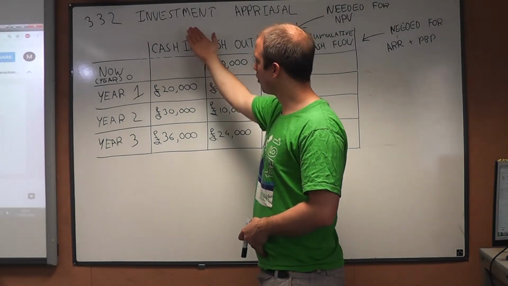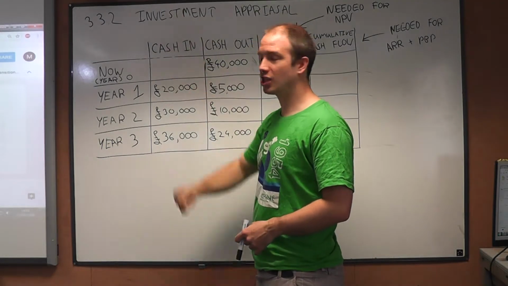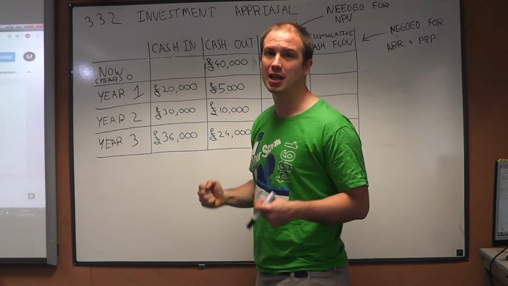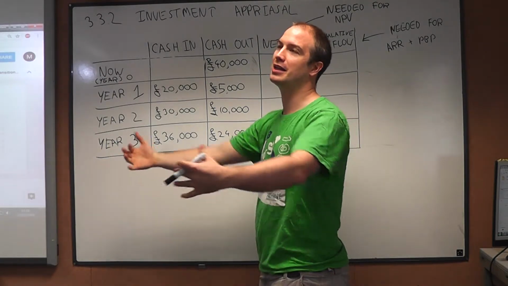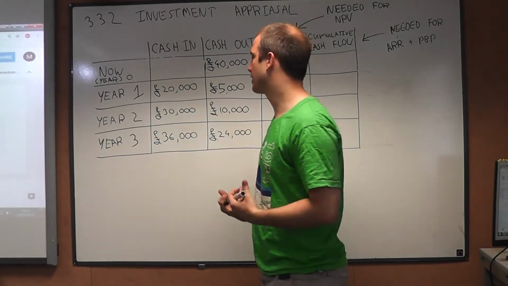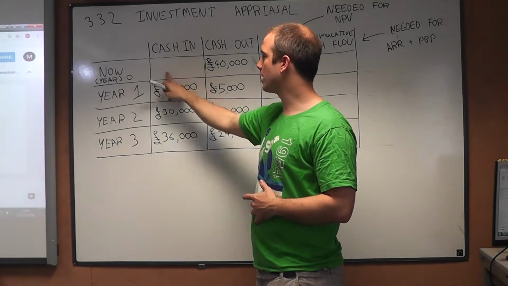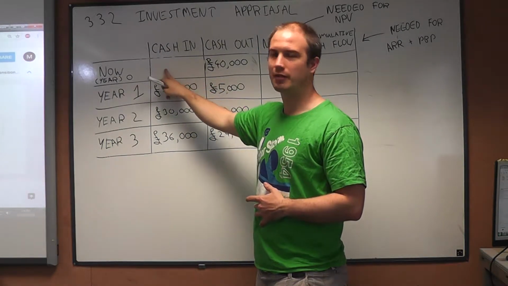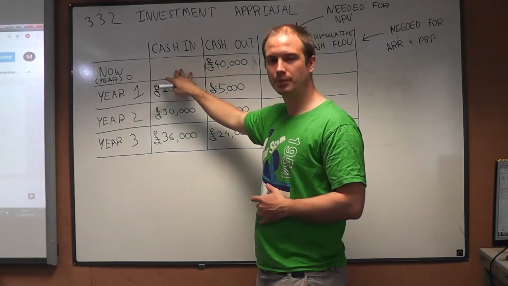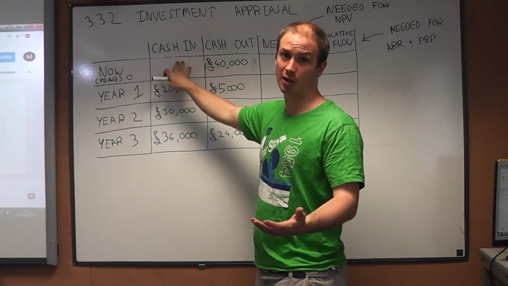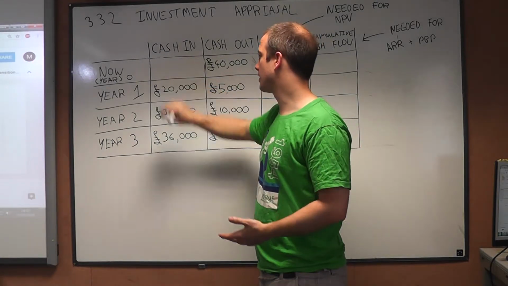In terms of the next column, we have cash in, which is all of the money that this investment is generating, so what income this investment is creating. As you can see, for year zero, we have no value in here. We've got a value of 0 because no time has passed, no money has come into the business.